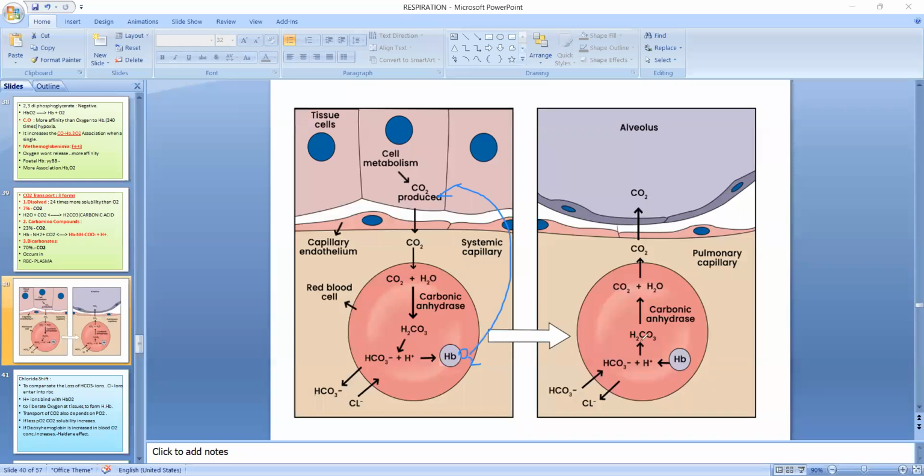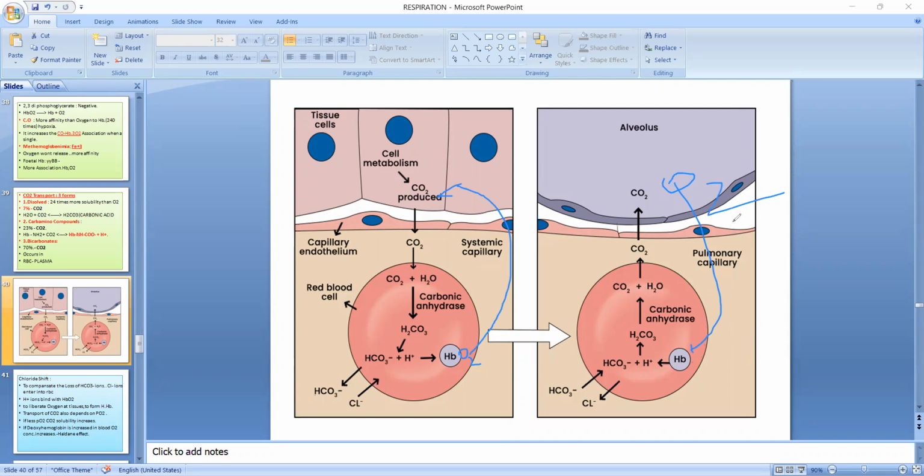And at alveoli, reverse chloride shift takes place. All reverse actions take place. Here HCO3 minus comes inside, Cl minus goes outside, that is reverse chloride shift. And HCO3 minus and HHb react to form H2CO3, free Hb is ready here, and it combines with oxygen to form HbO2.